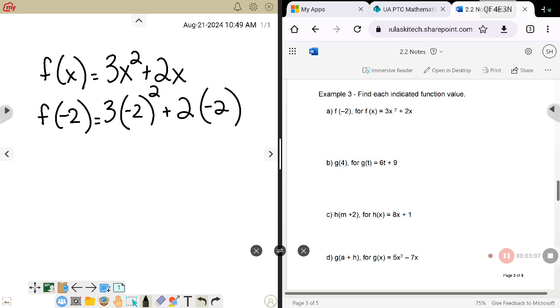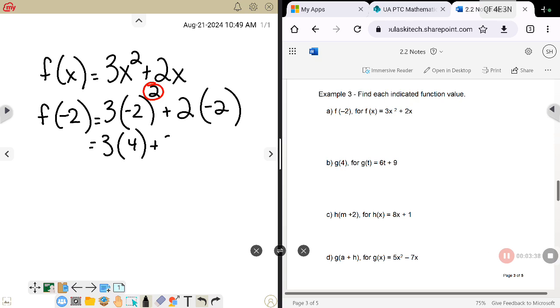Now we do the machine part, which is do the math, following your order of operations, which means you will need to do this exponent first, because that comes before multiplication. So negative 2 squared means negative 2 times itself. So I've got 3 times negative 2 squared, which is 4.